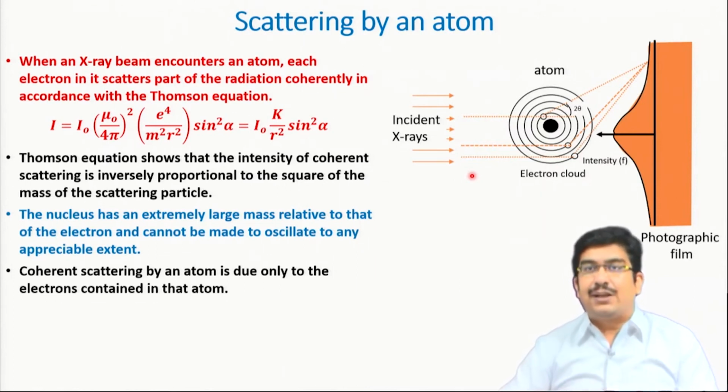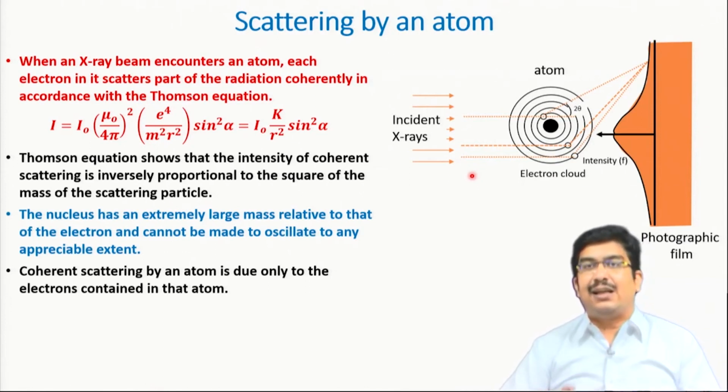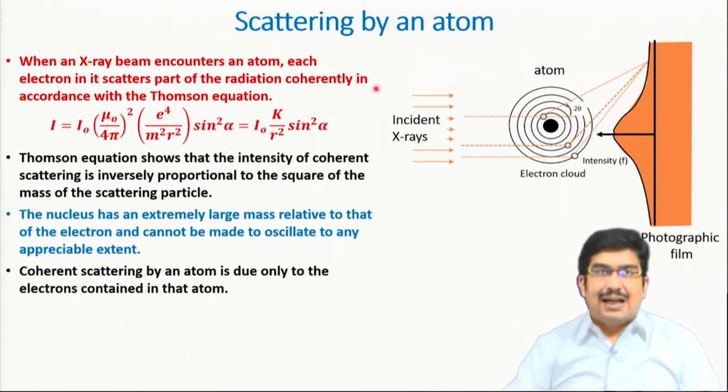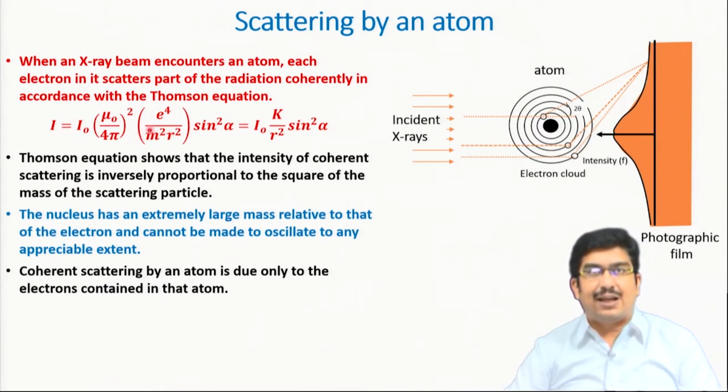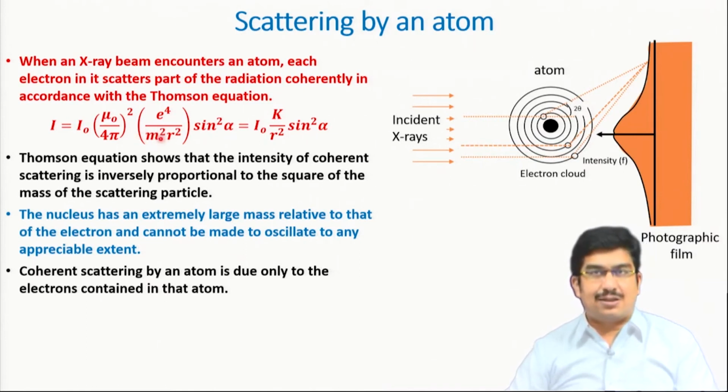So we can safely neglect the interaction between a nucleus and the incident X-ray, and the resulting effect on the diffraction. We can also check this from Thomson's equation, because here the intensity of the scattered X-ray beam is inversely related to the mass of the charged particle which is acting as the source of this electromagnetic wave.